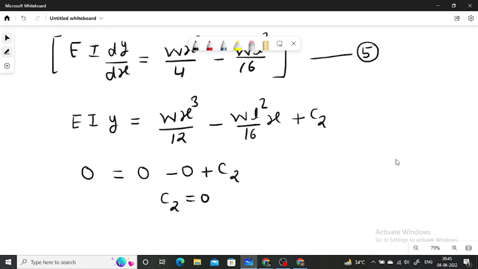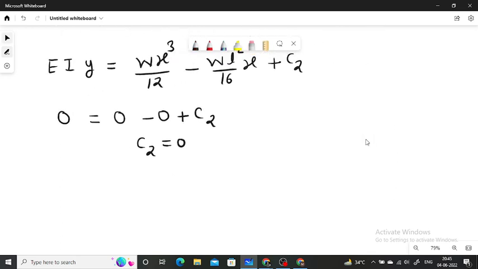Now from this above equation, EI into y will be equal to Wx cube by 12 minus WL square into 16x.